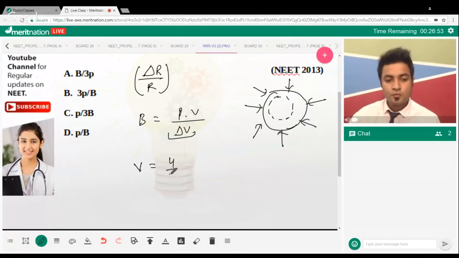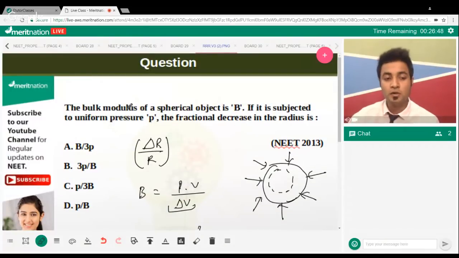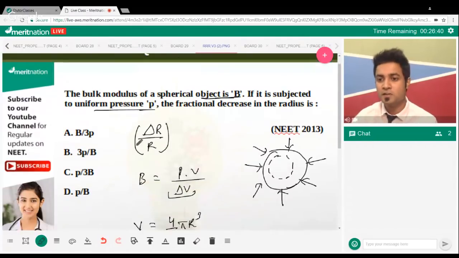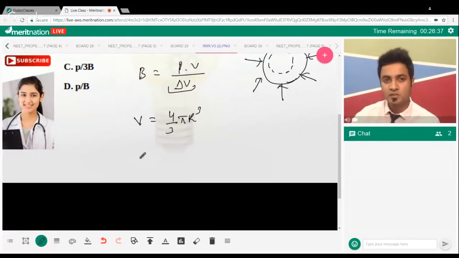The bulk modulus is given here. If it is subjected to a uniform pressure, you have to figure out the fractional radius change. So you differentiate on both sides.